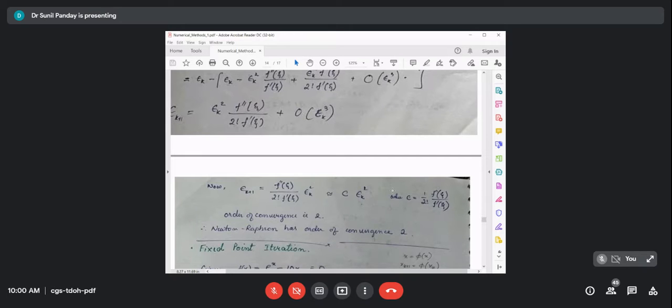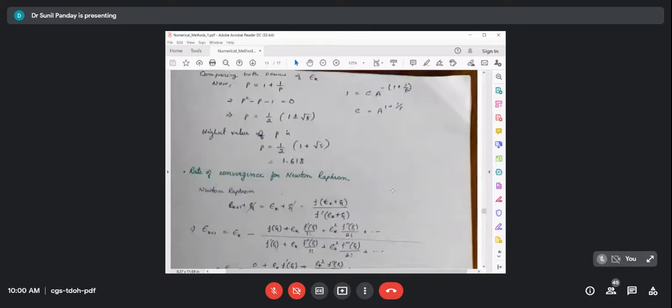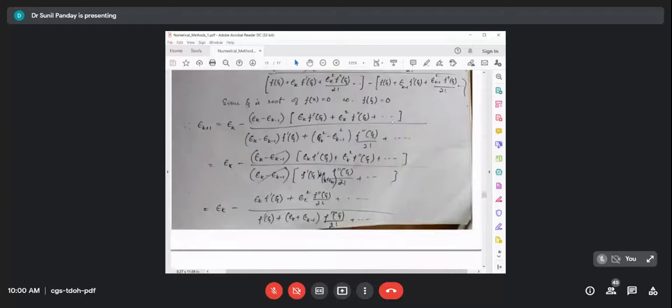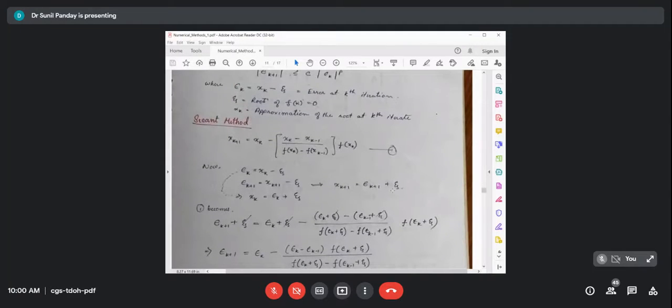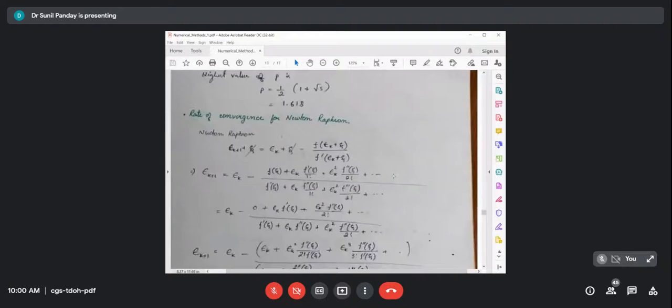You should go through these proofs of the Newton method and the secant method, because last time I asked this kind of question, where you know these methods and their proofs.